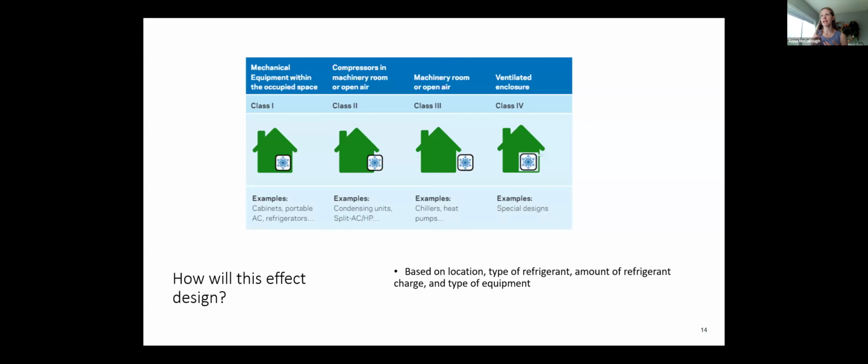And then if you have a ventilated enclosure, I do not have a good example for one of those, but they are a special design that I have not done. Where this unit is located is going to impact the type of life safety requirements that are mandatory per ASHRAE or the IMC.